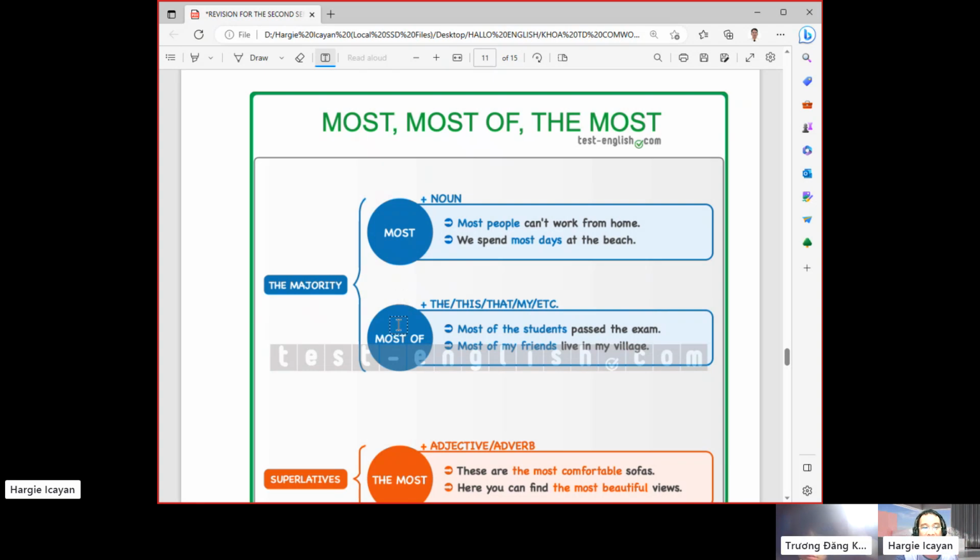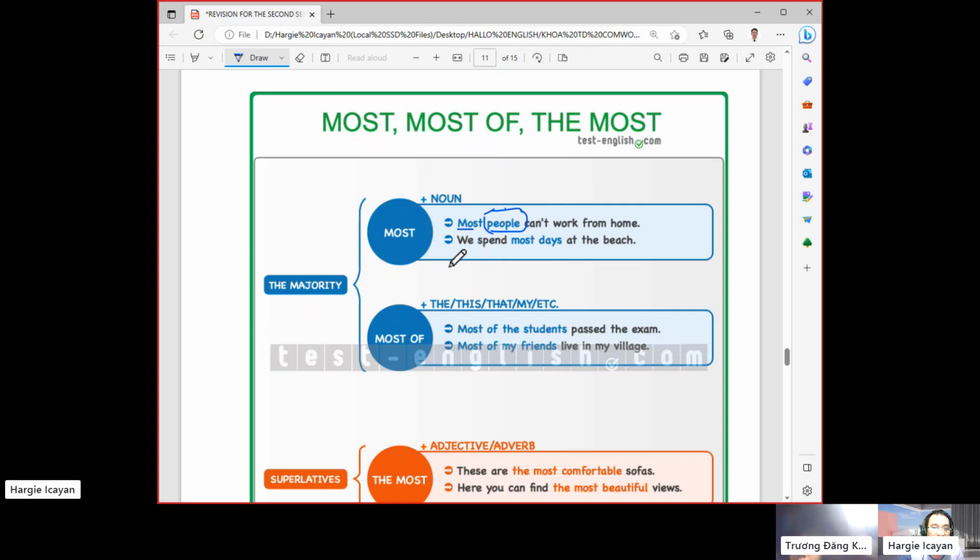So that is most and most of. When do we use most? If we're talking about a noun. So most people, right? We use most plus a noun. The noun in here is people.